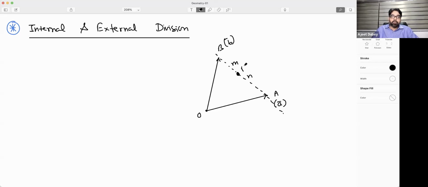I'm trying to say that BP length divided by PA length equals m by n. Don't get confused that this length is m, this is the ratio. If P divides B and A in the ratio m:n, then the position vector of P will be given by m times a, plus n times b, divided by m plus n.